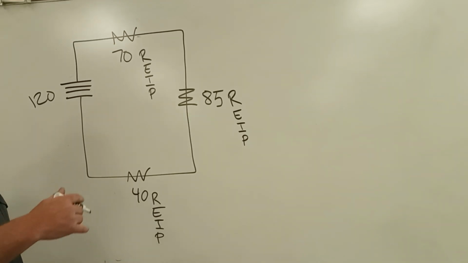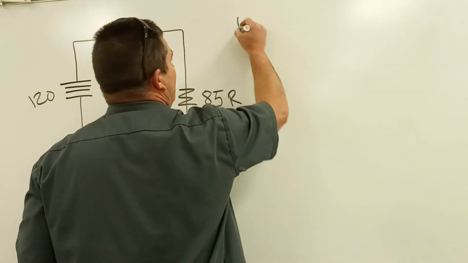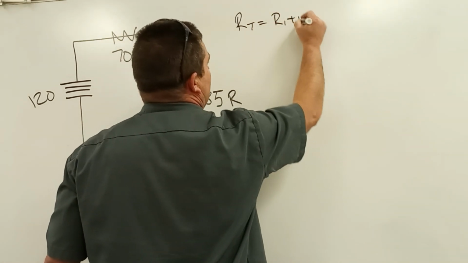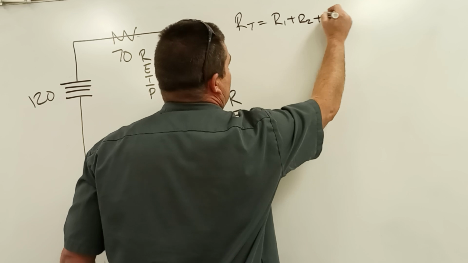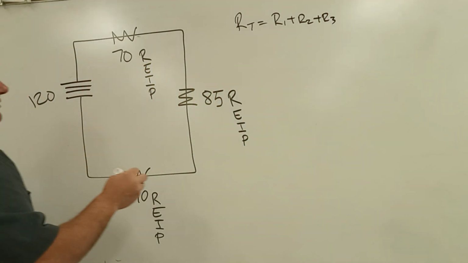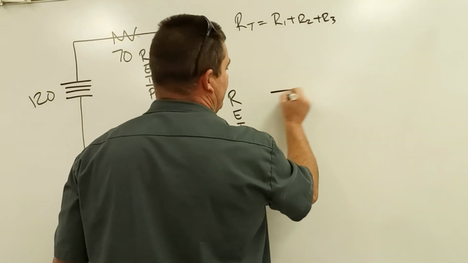So just simple addition. The formula is RT equals R1 plus R2 plus R3. First step, simplify the circuit by adding all of the resistors.